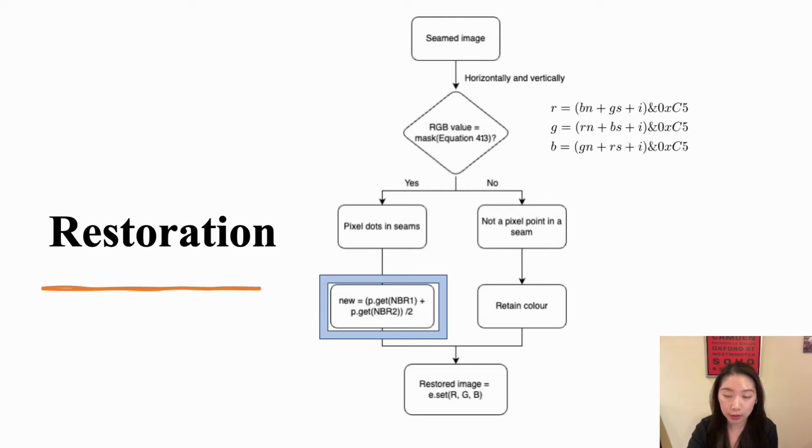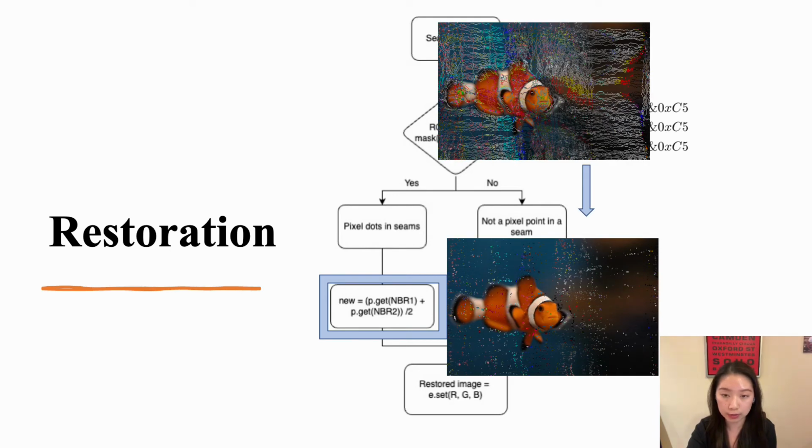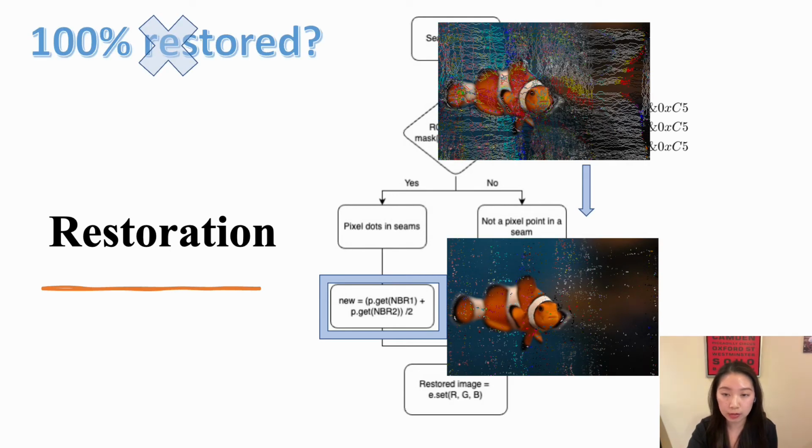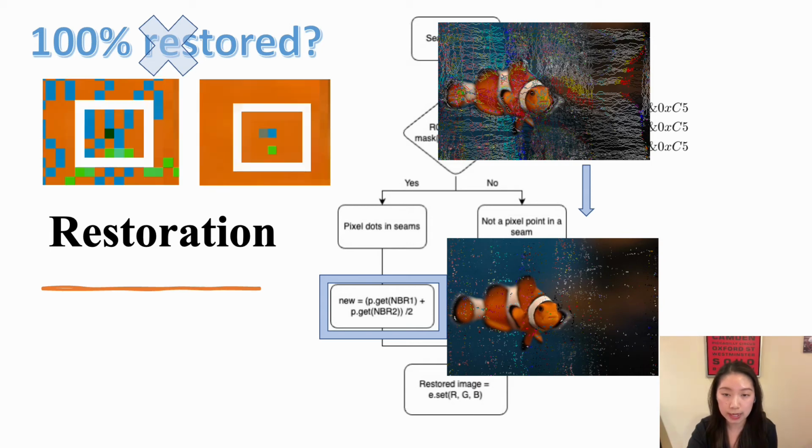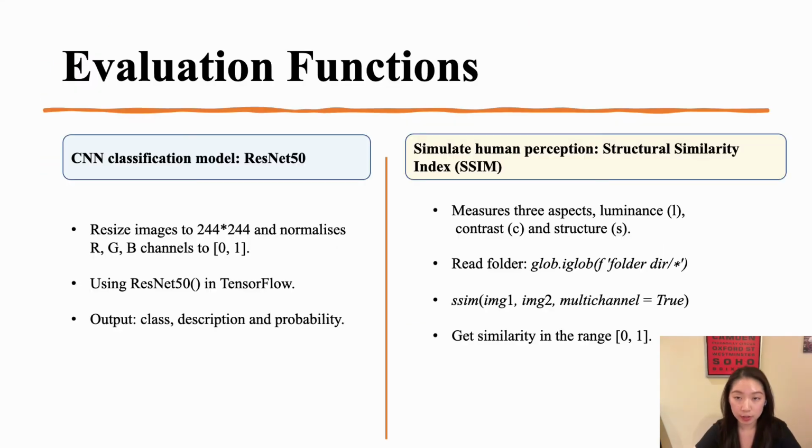Horizontal uses north and south, and vertical uses east and west. This is a result of restoration. However, the image is not restored 100% because the intersections of the horizontal and vertical SIMs are modified in such a way that they can't be restored to a similar color to the surrounding area by using the average.